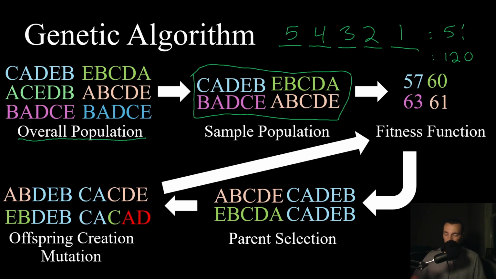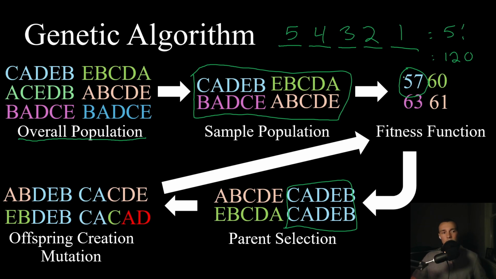And notice how the CADB sequence here was chosen twice to be a parent. This is because it had the lowest make span up here, and so it had a higher probability to be selected as a parent.